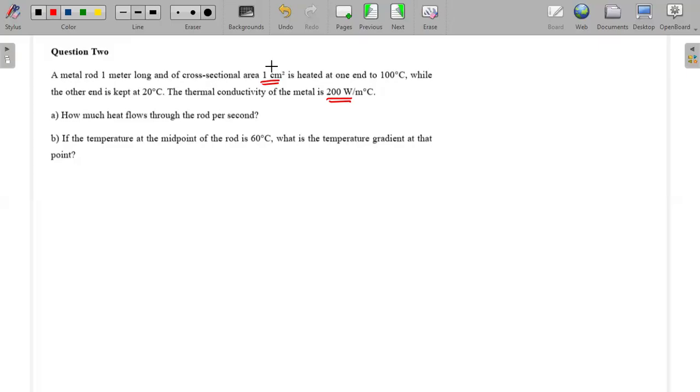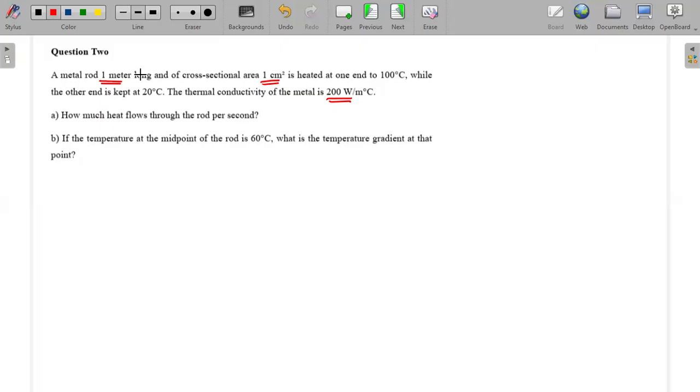But it also depends on the length of that material. In this case, we're talking about a metal rod, and they've already given us the length, 1 meter long.